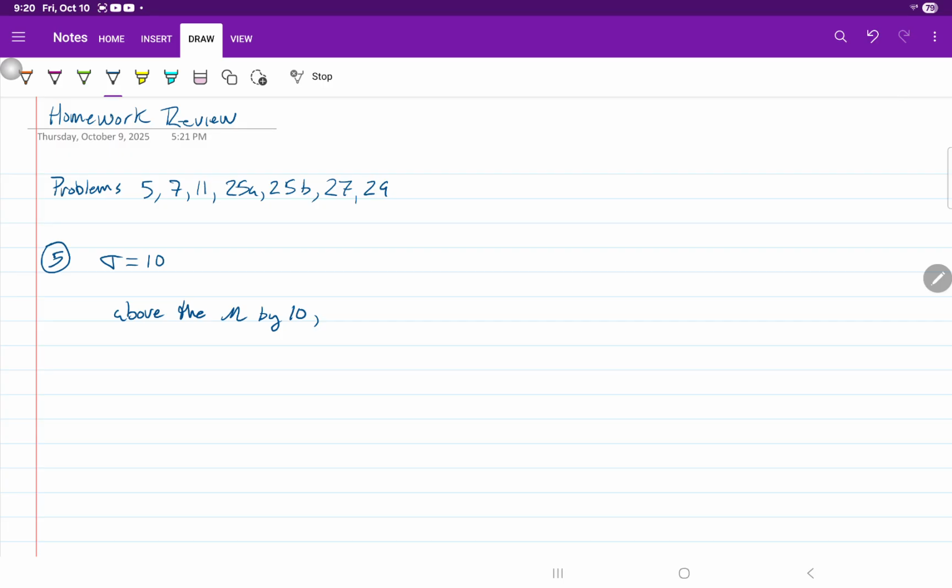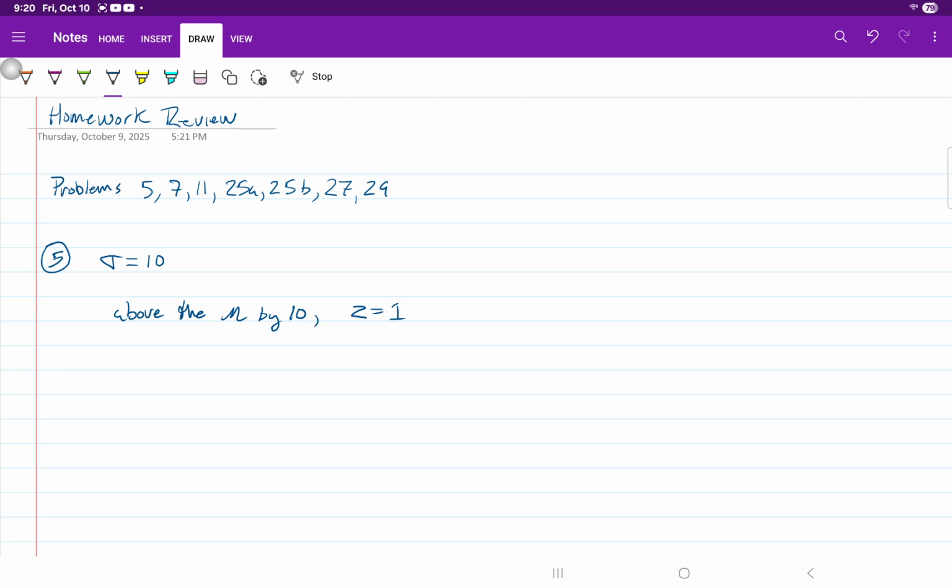So if we are above the mean by 10, which is a unit of standard deviation, then automatically our z-score would be equal to 1, because the z-score, again, indicates how many units of standard deviation a particular score is above or below the mean.